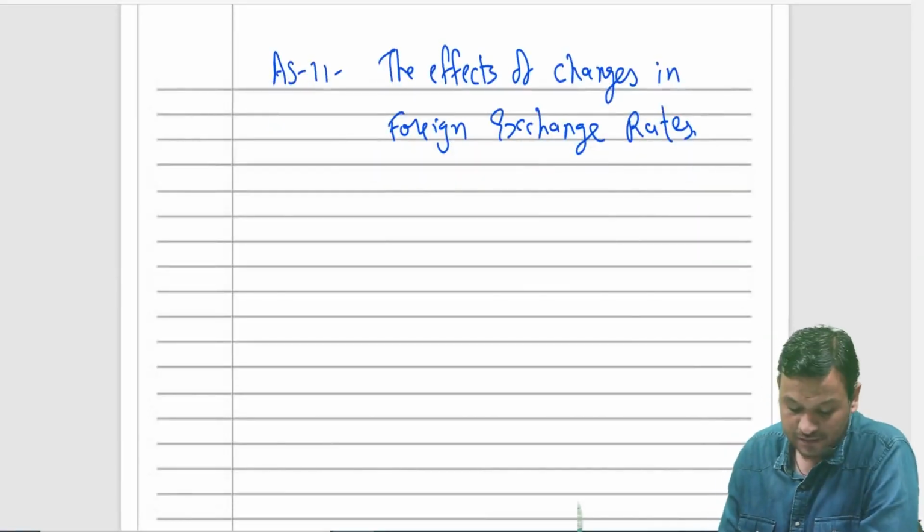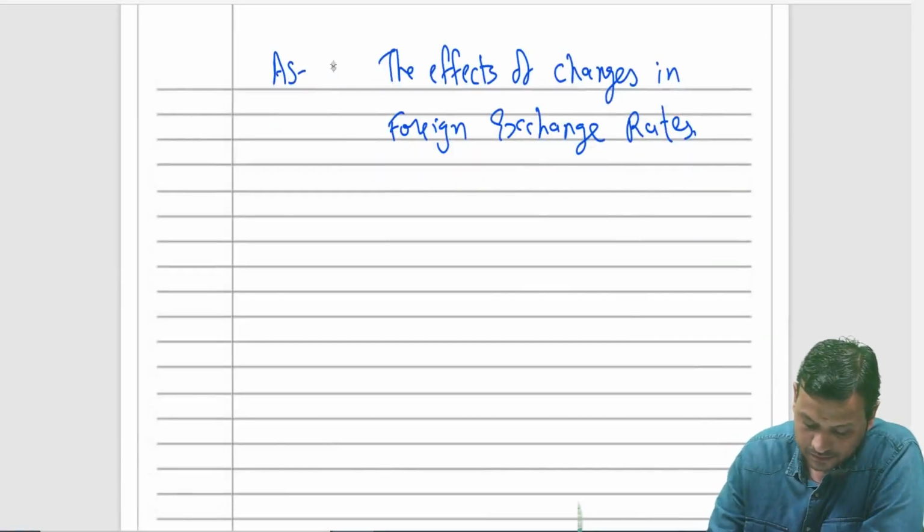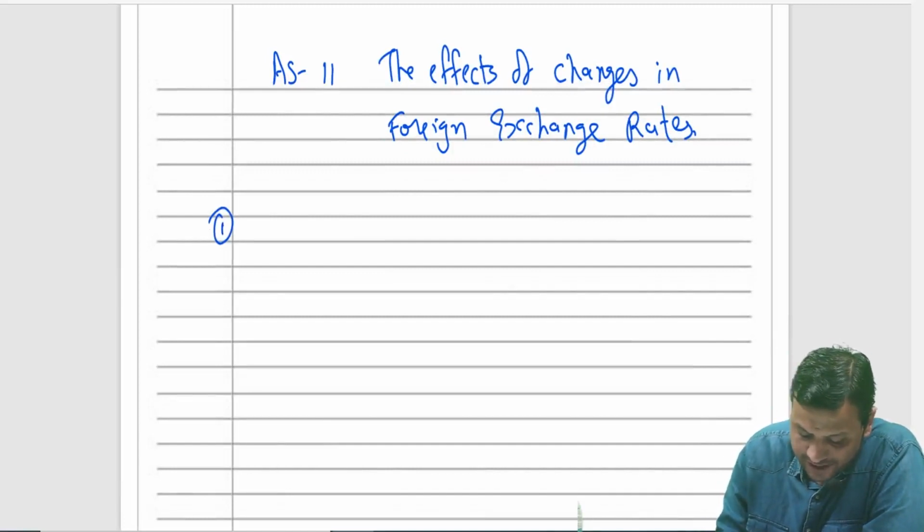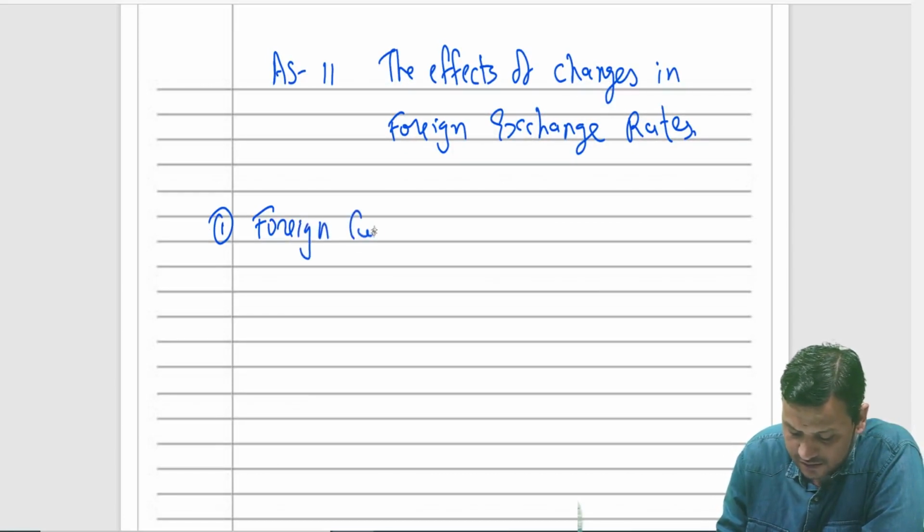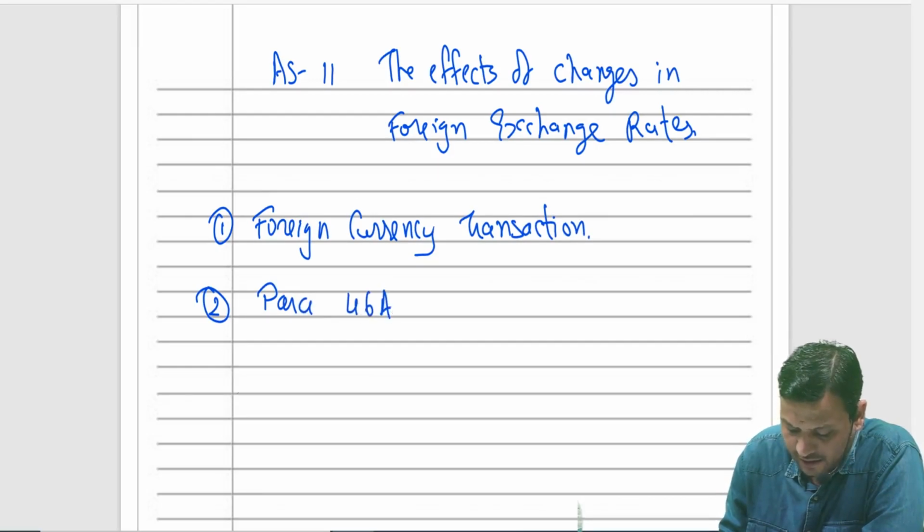Now, see, friends, what is this standard? Basically, we have to deal with something known as foreign currency transaction. This is the stuff to be revised. Then, para 46A, different accounting treatment.